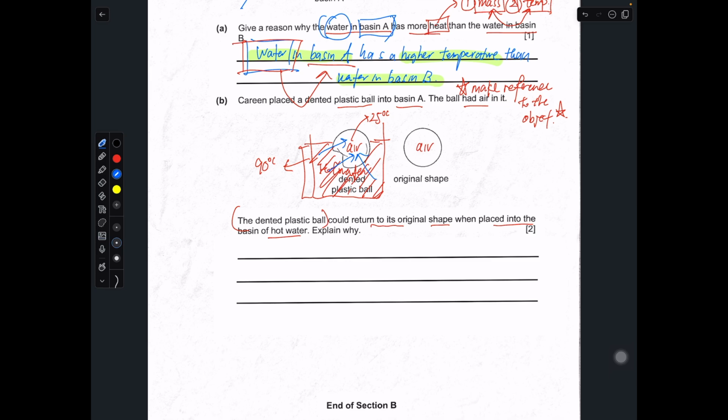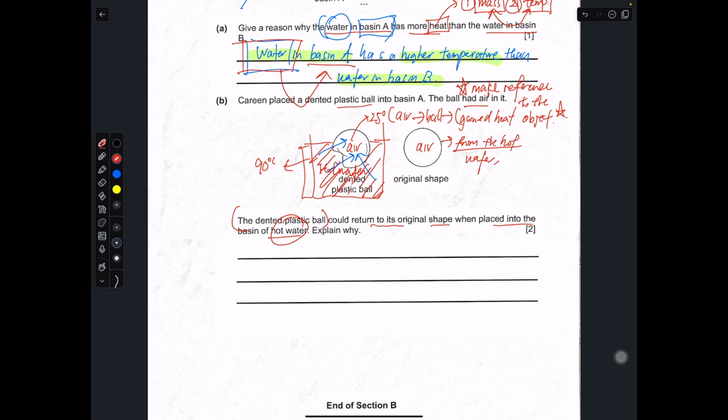So the air inside the ball would have gained heat from somewhere, right? In this case, it will be gaining heat from the hot water. The clue has been given to you. Gain heat from the hot water.